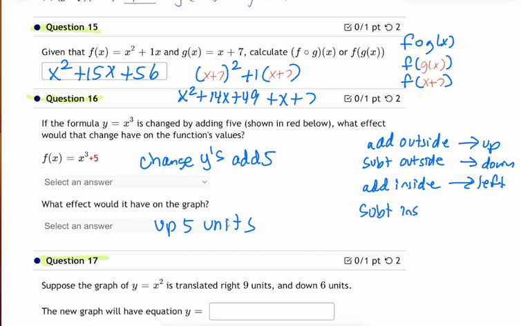Subtract on the inside, moves right. Okay. Those are the 4 main ones. Now, obviously, we had some others about compressions and stretches. I am worried about those, but not as much as getting that main fundamental, can I move it left, right, up, and down? And of course, flipping over the x-axis is one that's pretty important.